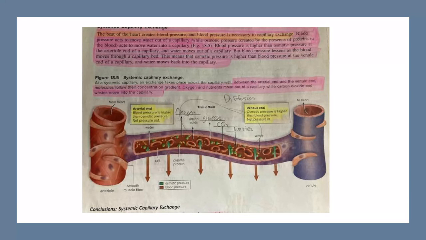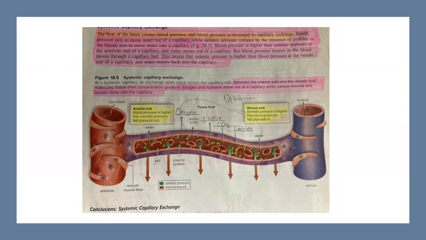So what happens at the arterial end? Blood pressure is going to be higher than osmotic pressure, so water is going to be moving out of the capillary. Again, the push was stronger than the pull.